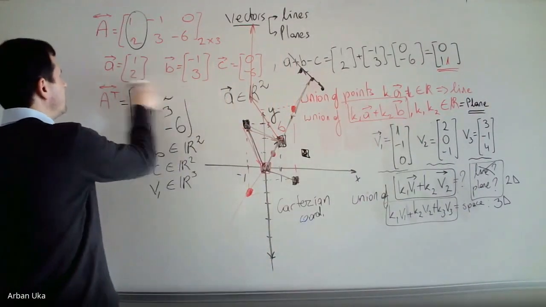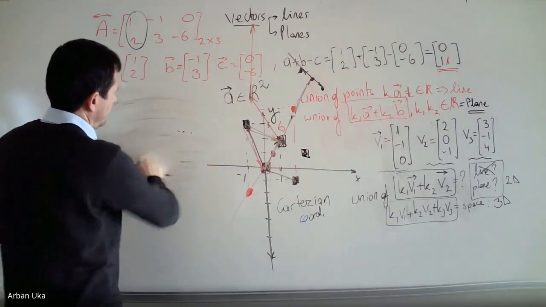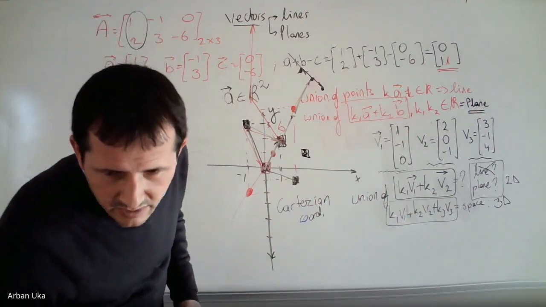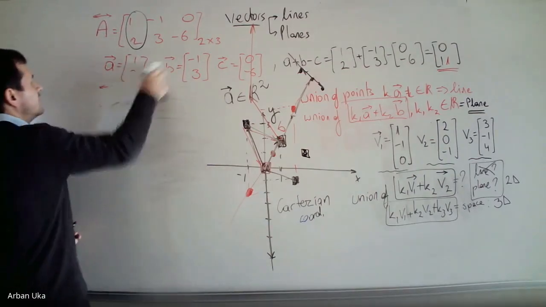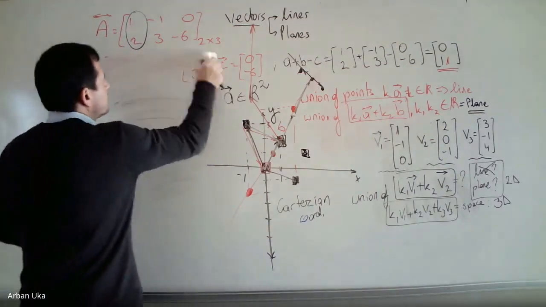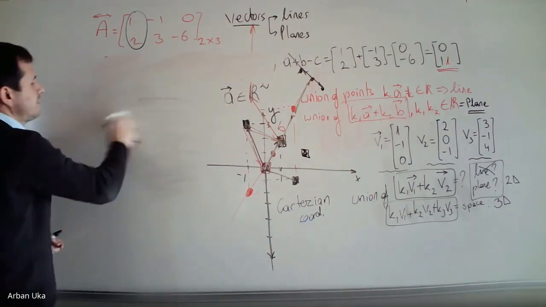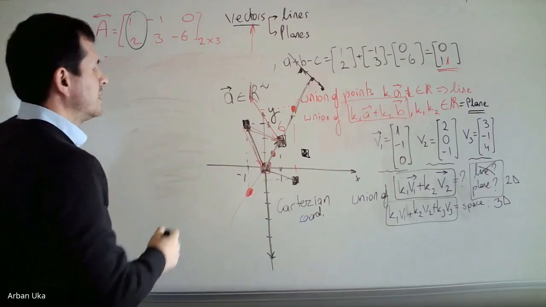Now, let's think for a moment about another question. I can ask for help from Marcelo. Marcelo, if you follow me carefully, I want to ask you the following question. What could be the union of these vectors?